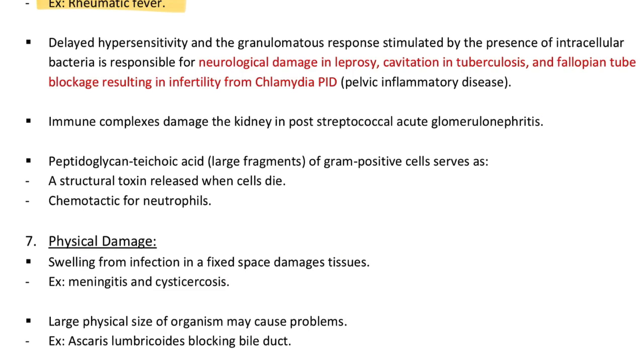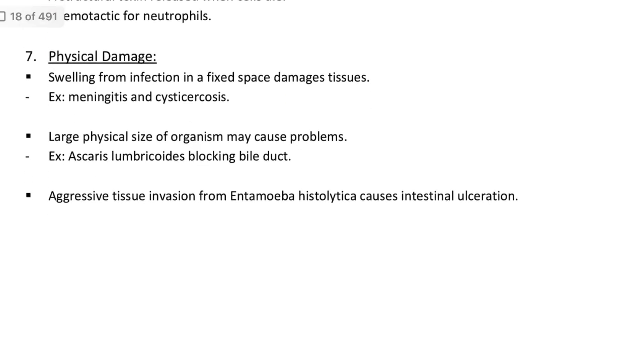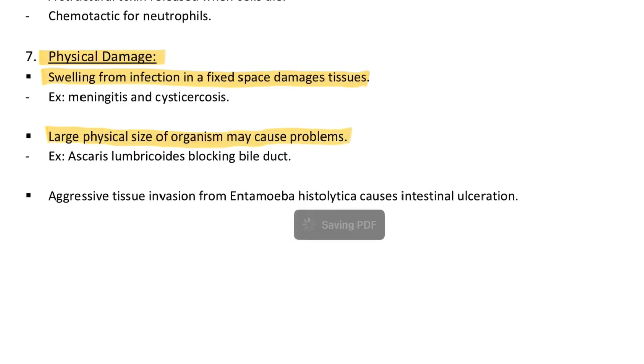Next, physical damage, or pathogen size and location. In physical damage, mostly we see swelling from infection in a fixed space damaging tissues, and the large physical size of organisms may cause problems. Size matters, as does where the pathogen sets up shop.